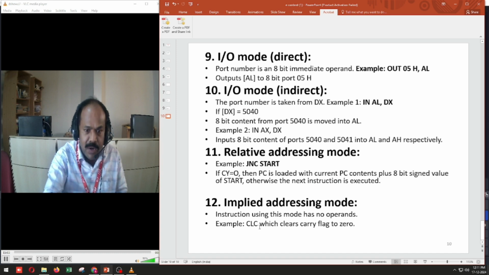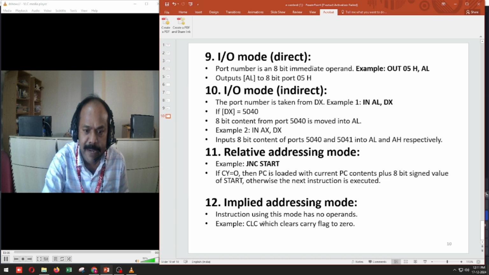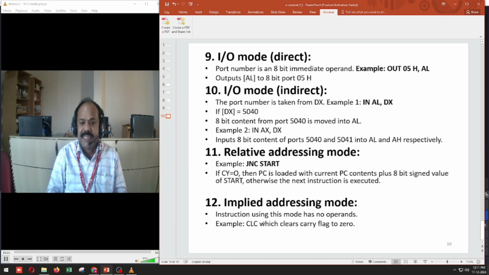You never find data or an address here. So it is implicitly specified that you are clearing the carry flag. Another example is STD, set direction flag, and STC, set carry. So these are a few examples of the implied addressing mode.